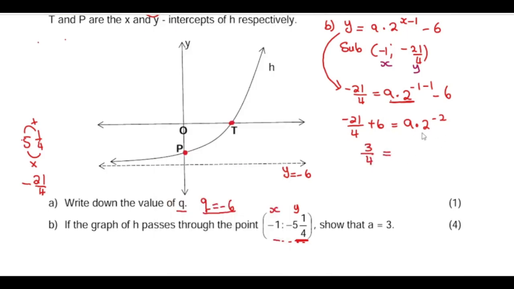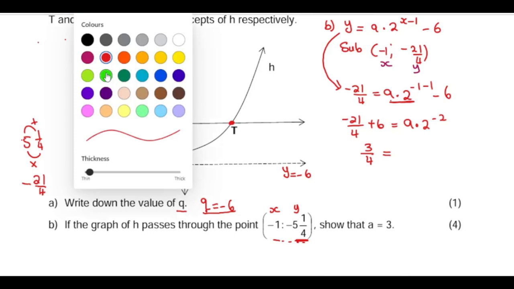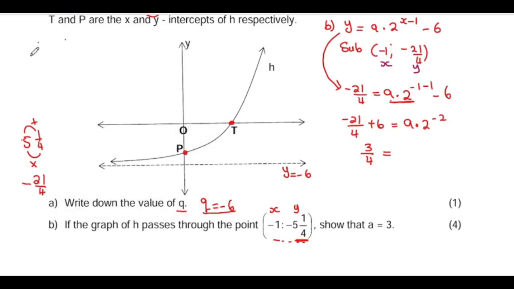So now remember, this 2 to the power negative 2, we can write this using the laws of exponents. If I have x to the power negative n, this is equal to 1 over everything without the negative sign. So this 2 to the power negative 2 will be 1 over everything without the negative sign, which is just 1 over 4.